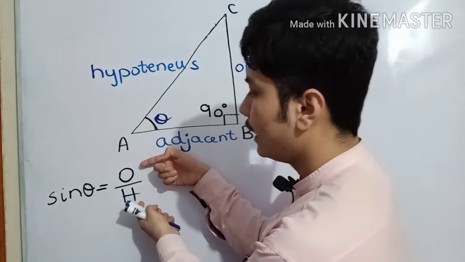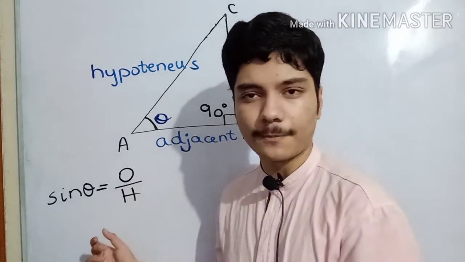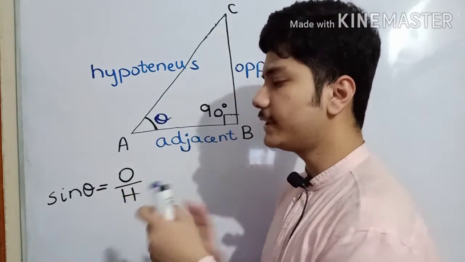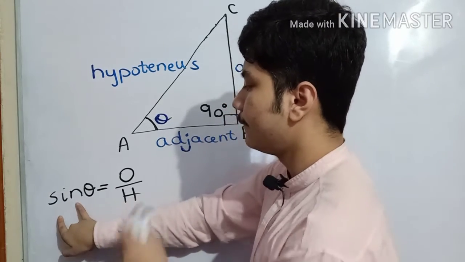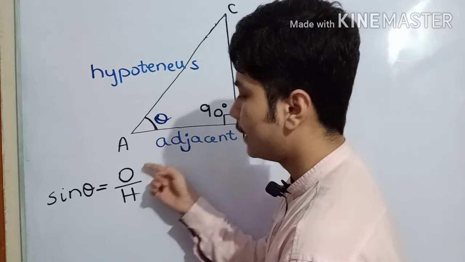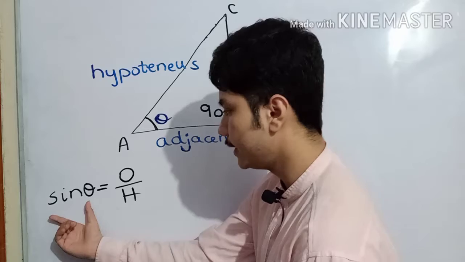When we divide opposite over hypotenuse, we get some value, maybe in decimals, maybe in numbers. We just give it the name sine theta: when we divide opposite over hypotenuse, we get the ratio sine theta.